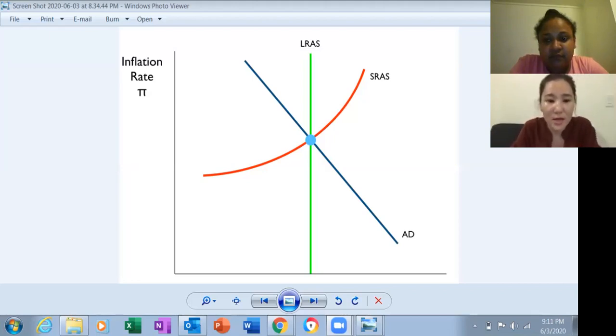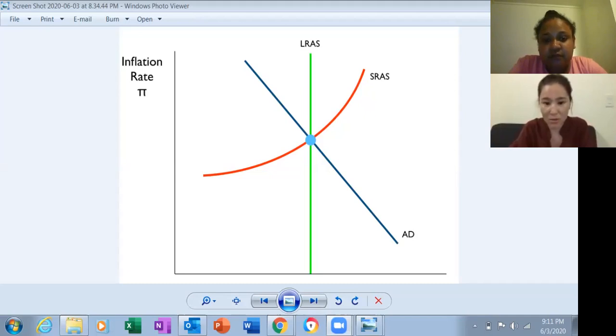On the left side is inflation, Y. It's also price. Then the right side is a GDP growth percentage. Green line is long run aggregate supply, while red line is short run aggregate supply. And then aggregate demand is below.